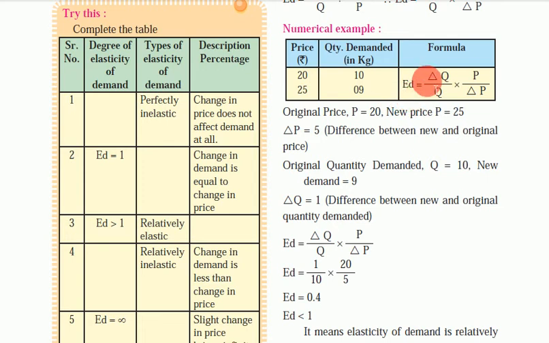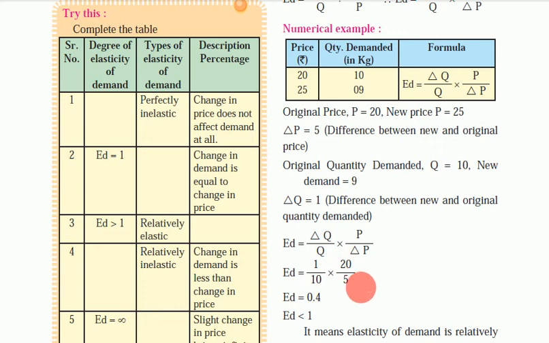What was the formula? Change in quantity demanded upon quantity, into price upon change in price. Here 5 is the change in price and 1 is the change in quantity demanded. Now we take the following figures: change in quantity is 1 upon quantity 10, into price 20 upon change in price 5.